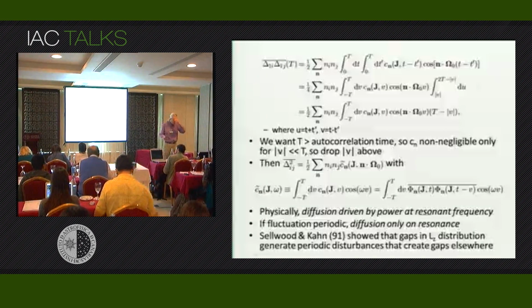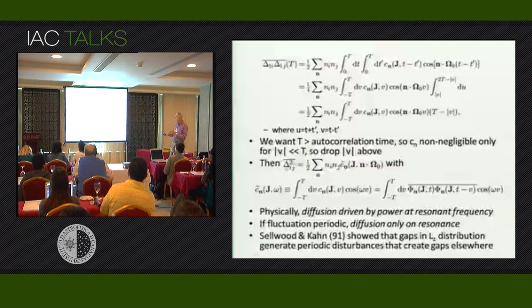So in particular, suppose the fluctuation is periodic. For example, we'll study this in connection with spiral structure. If we had a totally steady spiral pattern or a totally steady bar or anything else that is periodic, then the power spectrum of the fluctuations will be line-like, and only an incredibly small minority of stars are going to be excited, are going to pick up power, are going to be able to diffuse as a result of this.